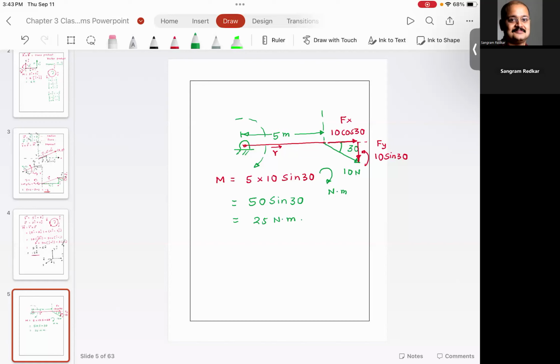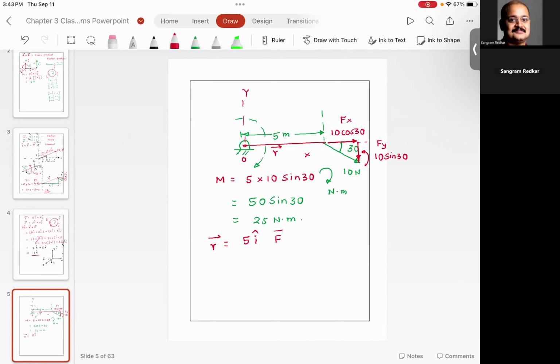Now I want to solve this exact same problem using my vectorial representation. This is my 0, this is my x, this is my y. So r can be represented as 5i.